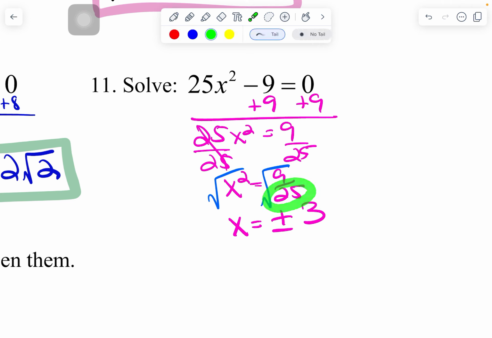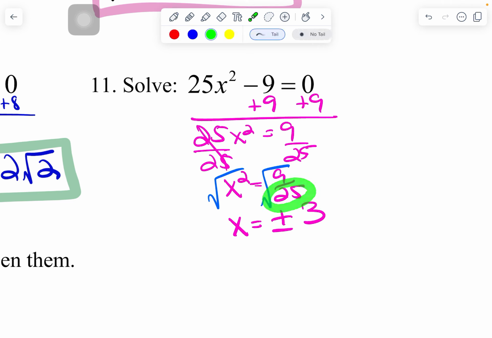Number 12 asks you to find the distance and midpoint. I'm going to take a moment to write the distance formula. So distance is equal to a big old square root of x1 minus x2 squared plus y1 minus y2 squared. And for midpoint, that's going to be x1 plus x2 over 2 and y1 plus y2 over 2.